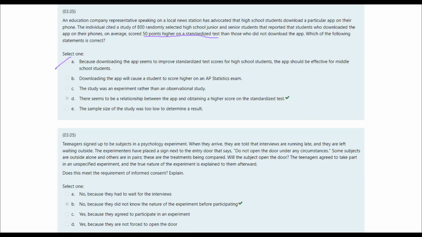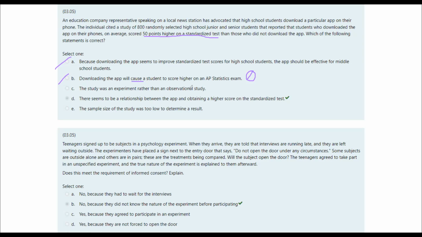You're not just naturally observing it. For that, you can say that something causes something else. Not for this. So we cannot say it would also be effective for middle school students, because we can't even say for sure that it's effective for high school students. There could be a confounding variable that we're not thinking about that's making them score higher. Saying downloading the app causes it is definitely the big thing not to say.